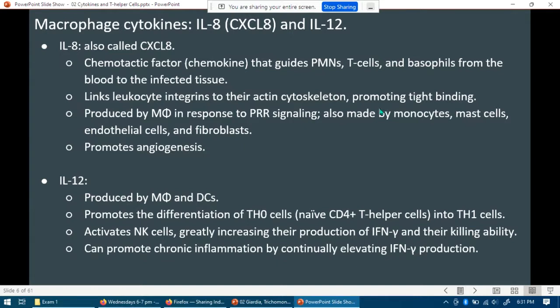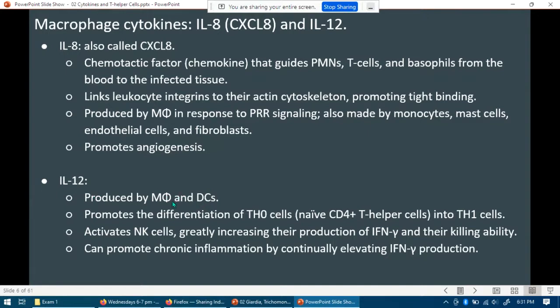Tight binding is a required step for any white blood cell to leave the blood to enter the tissue. IL-8 is made by macrophages in response to pathogens, but it's also made by monocytes, mast cells, endothelial cells, and fibroblasts. And lastly, IL-8 can also help promote angiogenesis, or the growth of blood vessels. And then we have IL-12.